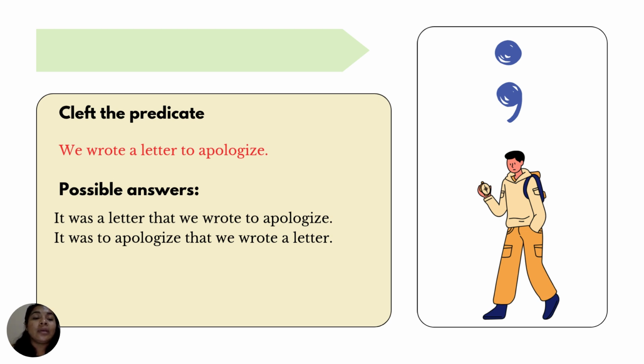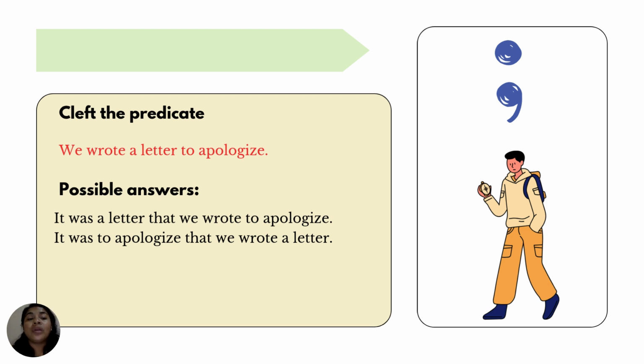If you want to cleft a letter, it was a letter that we wrote to apologize. But if you want to cleft in the predicate to apologize, you can tell me it was to apologize that we wrote a letter. If you give me that, even though you choose one and that is a constituent, I'm going to give you the point.